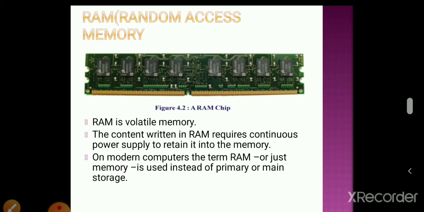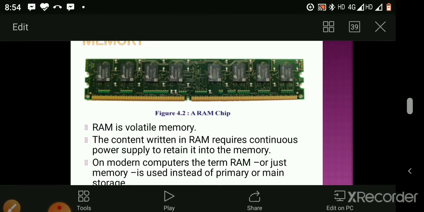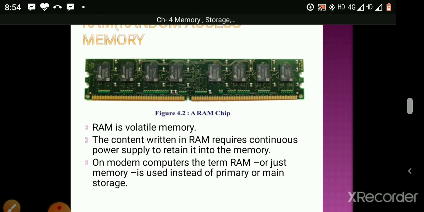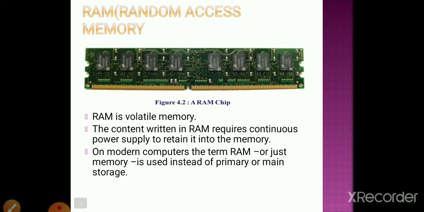So the content written in a RAM requires continuous power supply to retain it in the memory. It means if your power supply is on, then all the data is stored in your RAM memory. But if your power supply is off, your data is not saved in your RAM memory. It is stored on your hard disk.